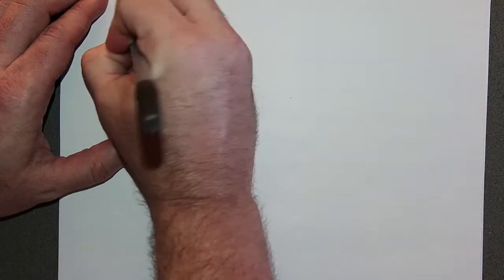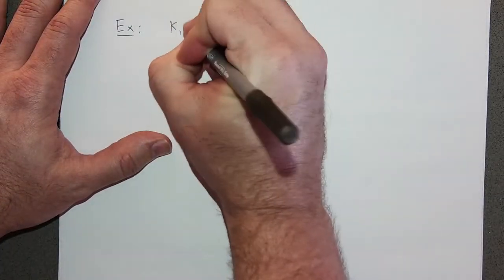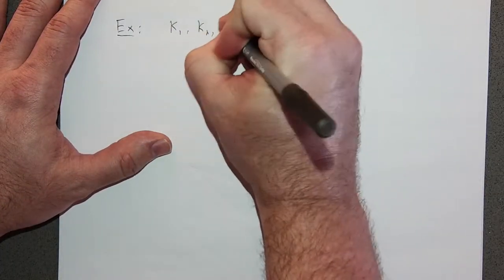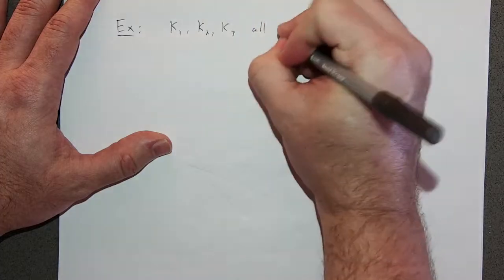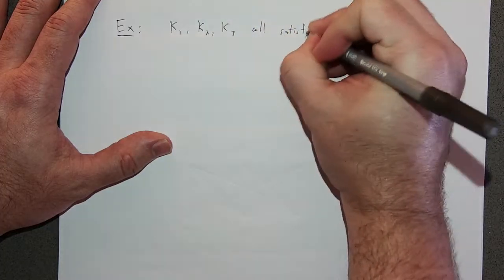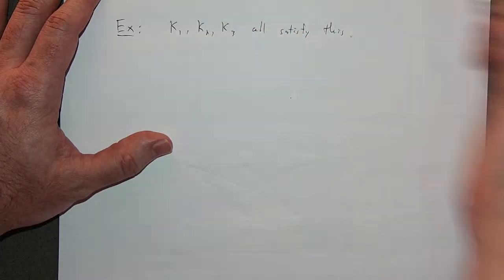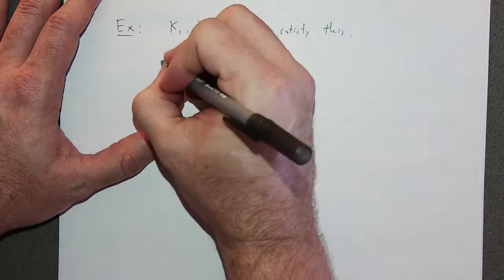So I'm not going to start with any of the easy ones. So like K1, K2, K3. K1, K2, K3 all satisfy this. So what about K4?